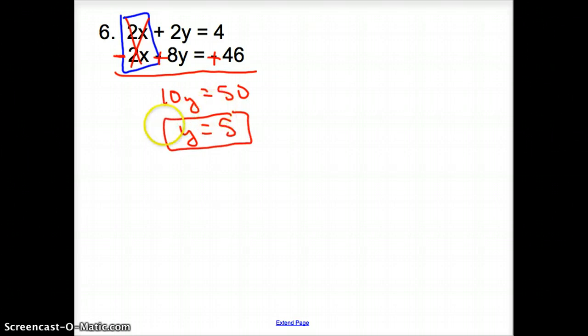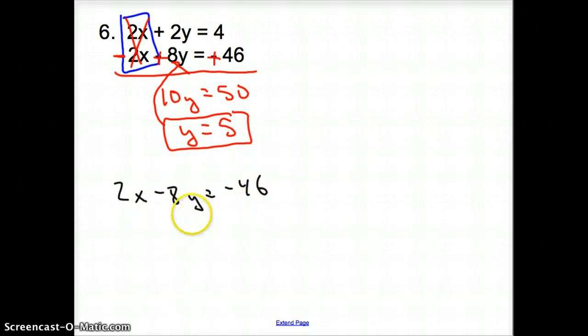Now what do you do with this y? Again, you plug it in. So let's try it, and I'm plugging it in for the bottom one. Now what was my original equation? My original equation was 2x minus 8y equals negative 46. So let's see what our x turns out to be. So we have 2x minus, again I'm putting in 5 for y.